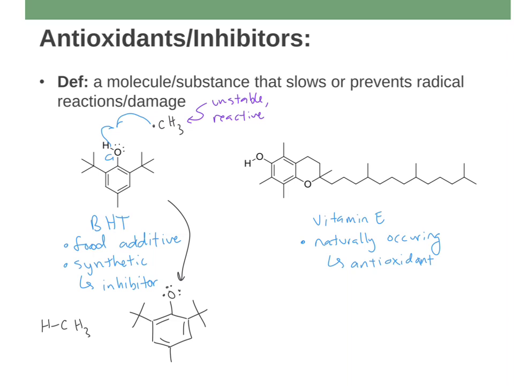But what's super important about these inhibitors and antioxidants is that now I've made a much more stable, much less reactive radical species. The reason this BHT radical is much more stable is because it is resonance stabilized. I can start moving these electrons around to show how I have all kinds of delocalization for this molecule.